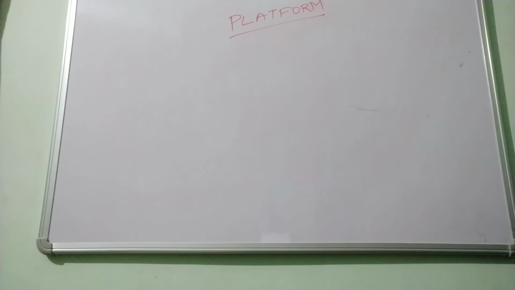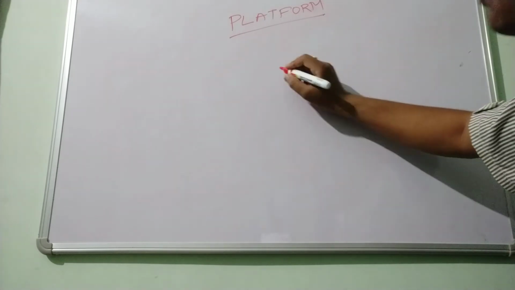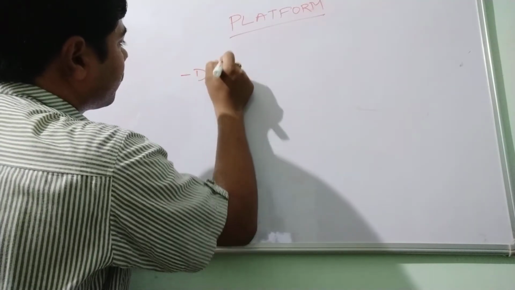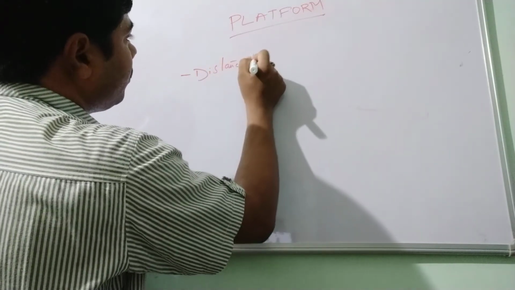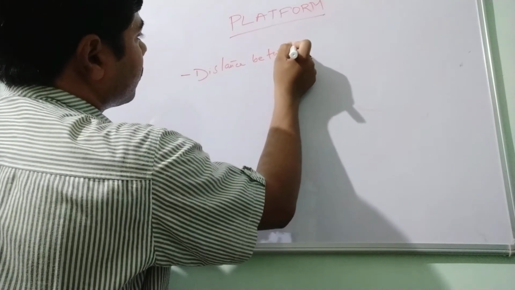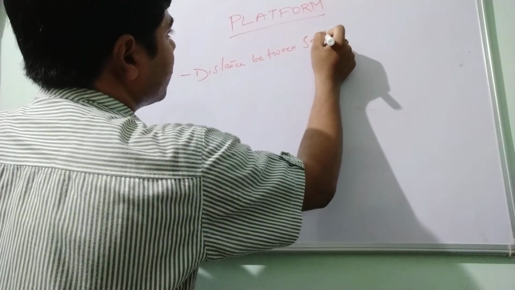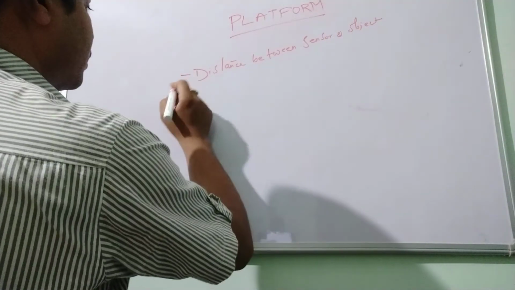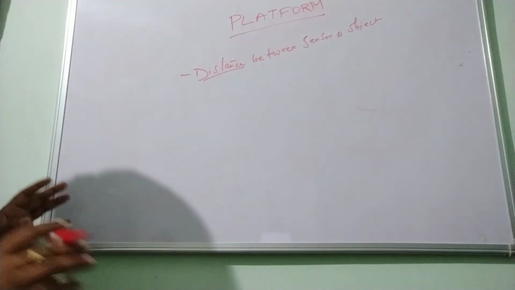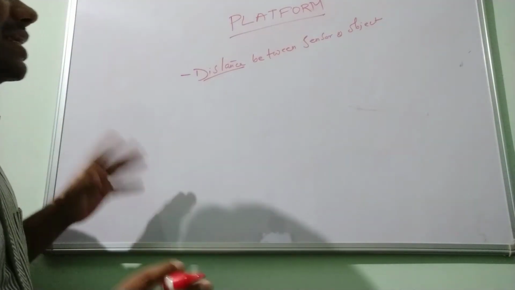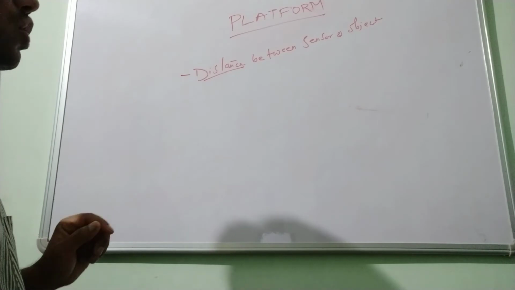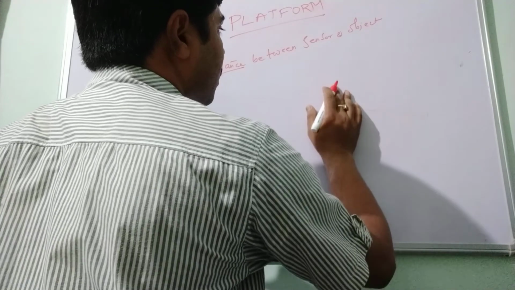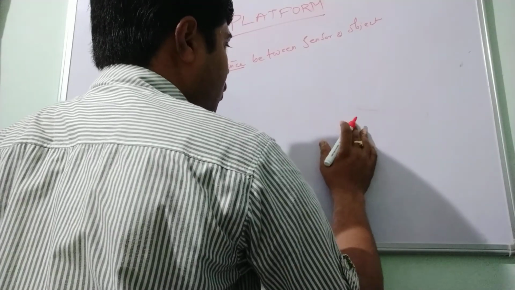First, the distance between the sensor and object: what will be the approximate distance between the sensor and the object, and what is the purpose of using this data?